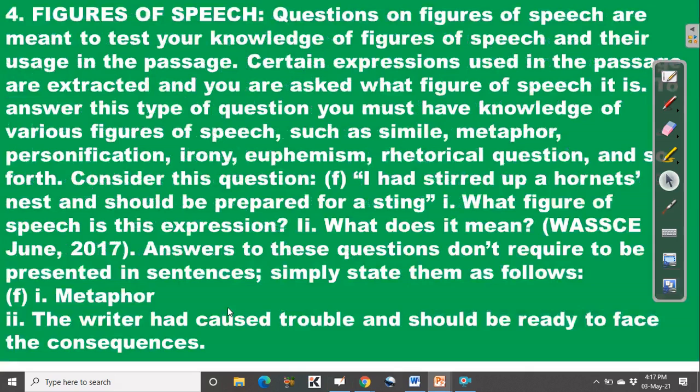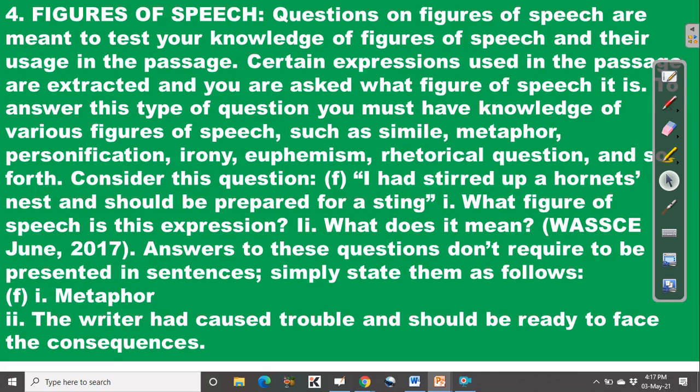Now let's go to the next type of comprehension question, which is questions on figures of speech. These questions are meant to test your knowledge of figures of speech and their usage in the passage. Certain expressions used in the passage are extracted and you are asked what figure of speech it is.